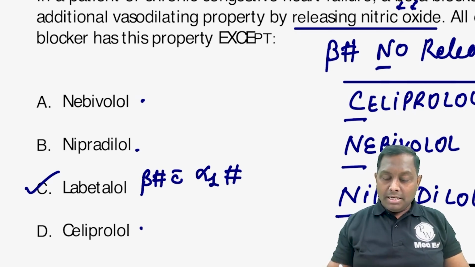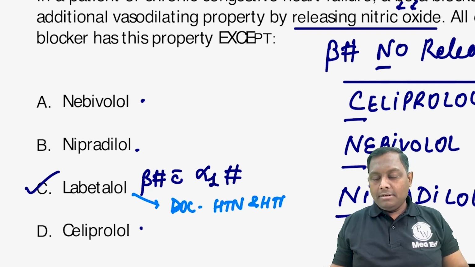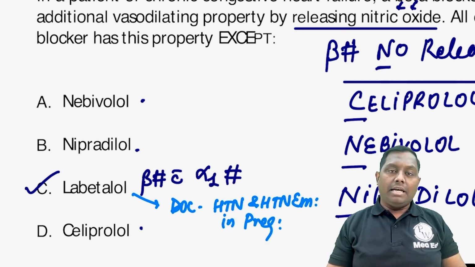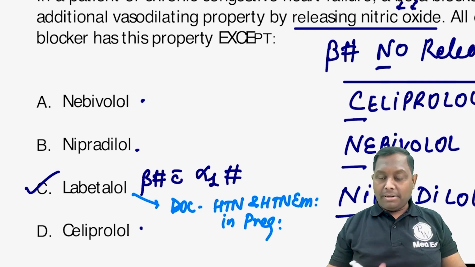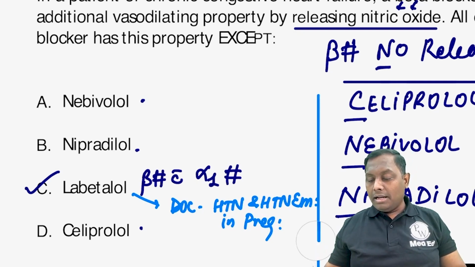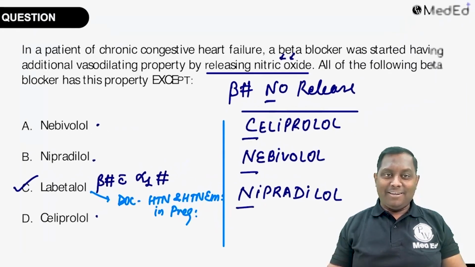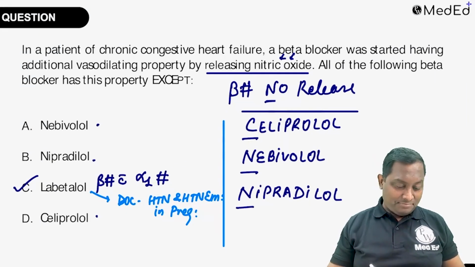Labetalol is considered a drug of choice for hypertension and hypertensive emergency in pregnancy. Hypertension and hypertensive emergency in pregnancy, the drug of choice is none other than labetalol. Okay.